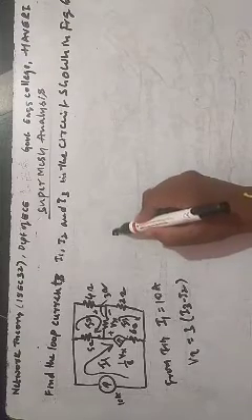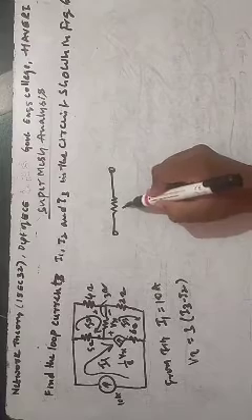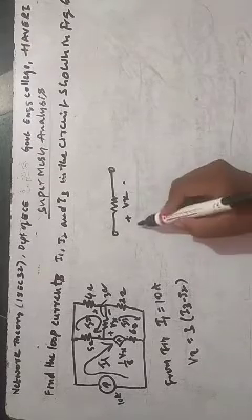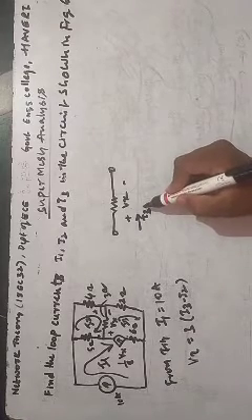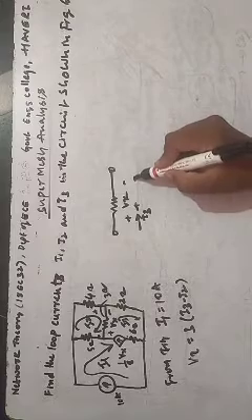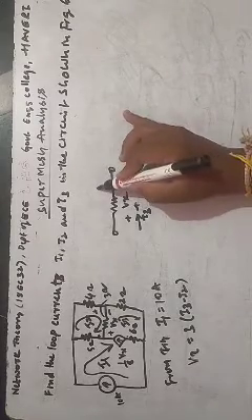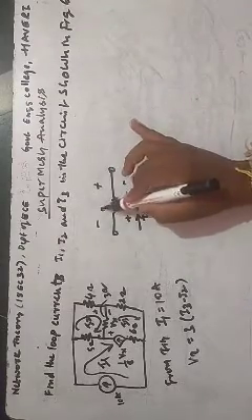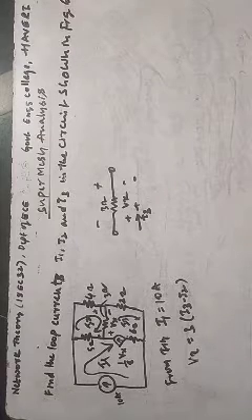I will write it separately here. This is Vx, with plus and minus given. According to the current I3, this is plus and this is minus. Through current I2, this is plus, this is minus, and this is the 3 ohm resistance.